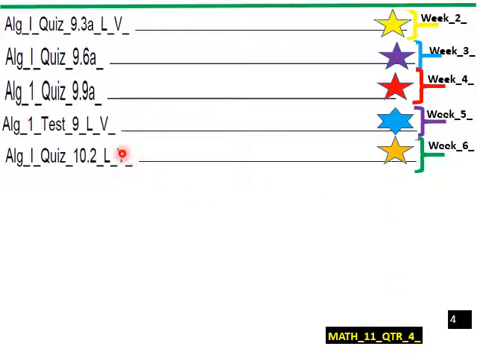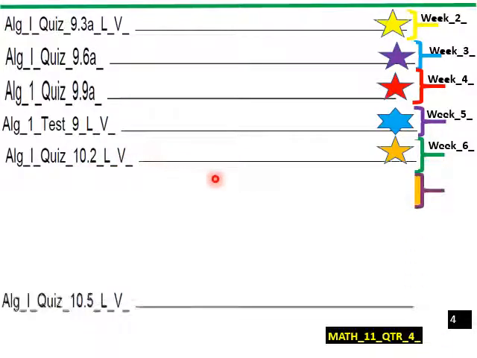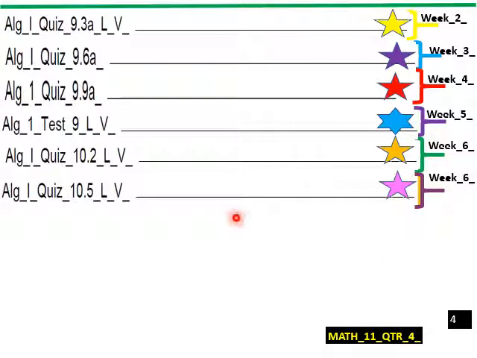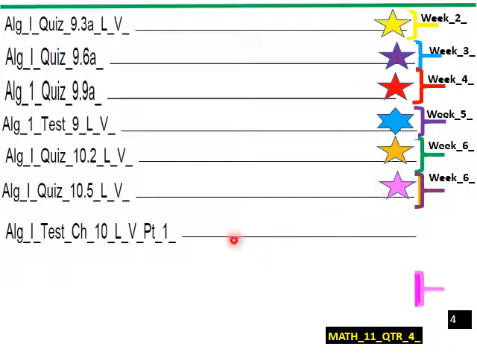And then week 6, we go into chapter 10. There is a quiz week 6, after 10.2 instruction. And then week 6, we have another quiz after 10.5 instruction, so 2 quizzes during week 6. And then the chapter 10 test is given during week 7.